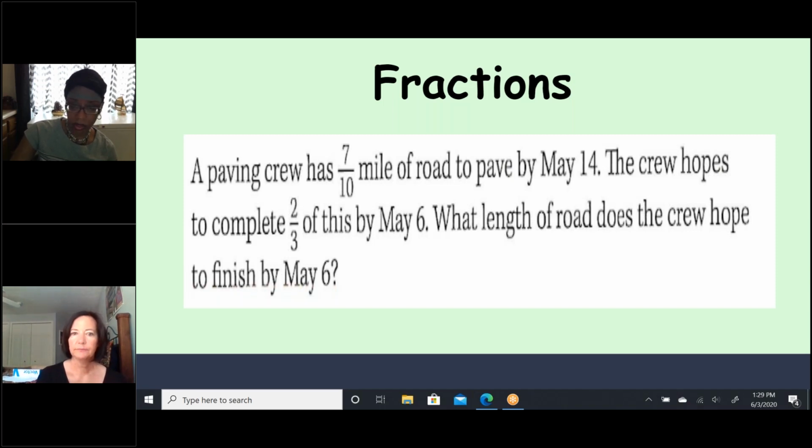What length of the road does the crew hope to finish by May 6th? Oh, I'm really not sure about this one, but I'm gonna try to do this 2 different ways.